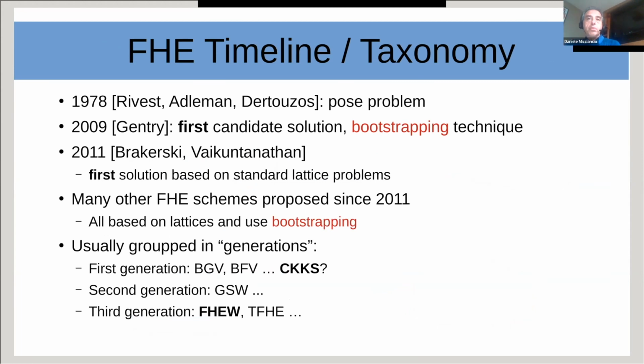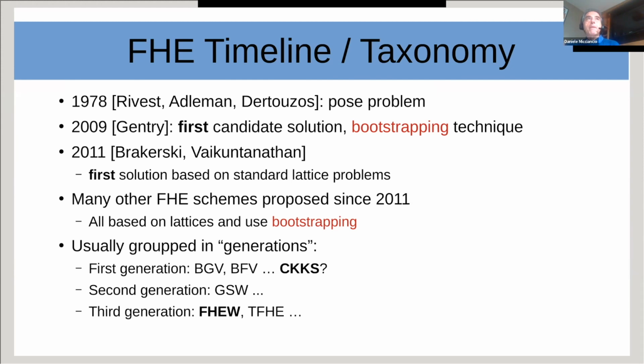And a major breakthrough in the field happened in 2009 when Craig Gentry convinced the cryptographic community that the problem could indeed be solved by proposing a first candidate solution, and perhaps even more importantly, introducing a bootstrapping technique that ended up serving as the central tool for all subsequent constructions of FHE.